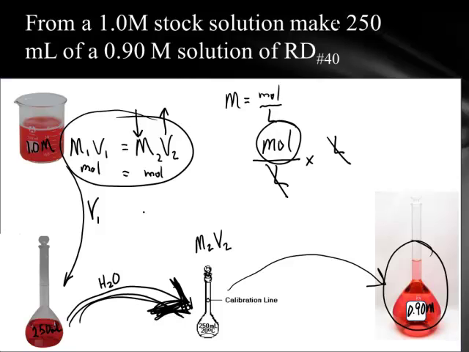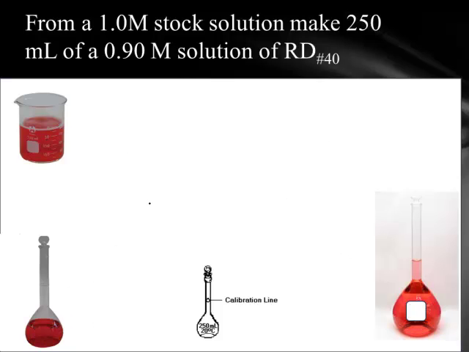So let's go on to actually calculate the solution to this problem. I'm going to go to the next slide, and on the next slide we're going to calculate this same problem. Now, just to review, we're going to use this equation. Molarity 1 times volume 1 equals molarity 2 times volume 2, where molarity 1 and volume 1 is referring to this more concentrated stock solution that we're starting with.